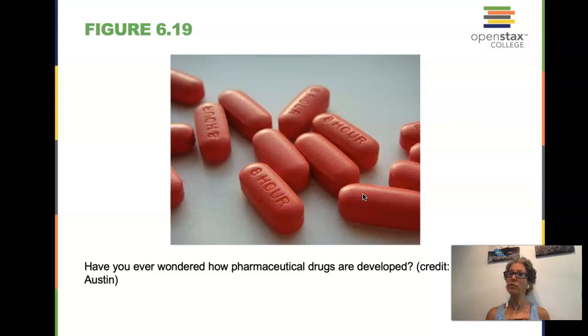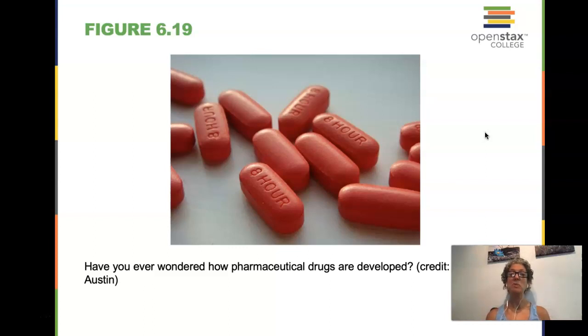The question, have you ever wondered how pharmaceutical drugs are developed? You very well may not have wondered, but it has to do most often with enzyme pathways. If we have some sort of microbial infection, a good drug target will look for some sort of metabolic capacity that the microbe has that is not found in us.